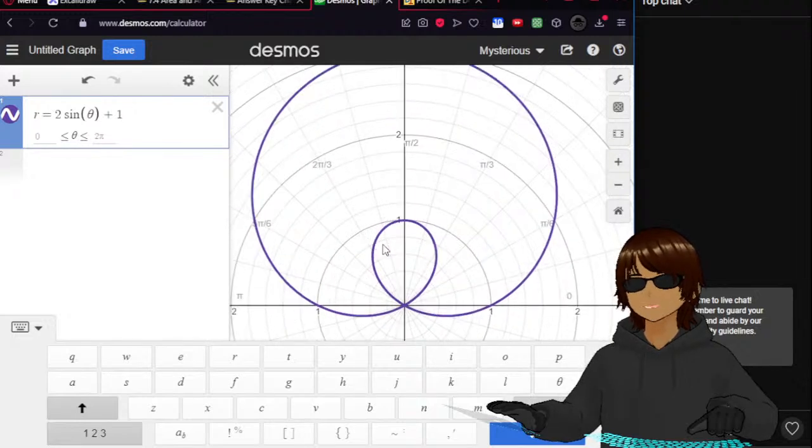Wait, if we are calculating the area of this, if we do 0 to 2 pi, wouldn't this one overlap?